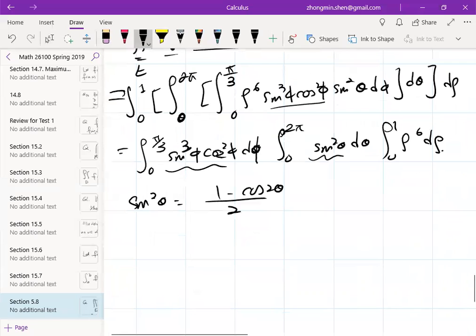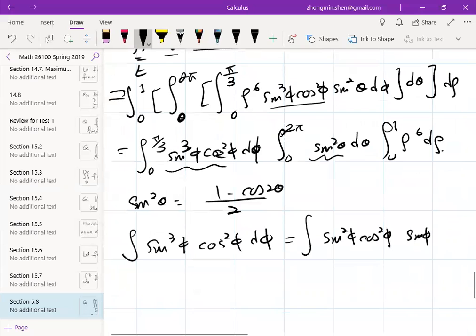But for the integral of sine cube phi cosine square phi d phi, you have to use substitution. Okay, how do you do that? So you have sine square phi cosine square phi sine phi d phi. Then clearly you can use a substitution: u equals cosine phi. Then du equals negative sine phi d phi.